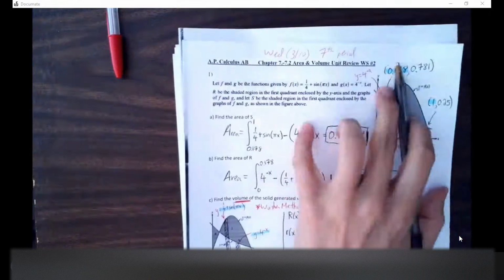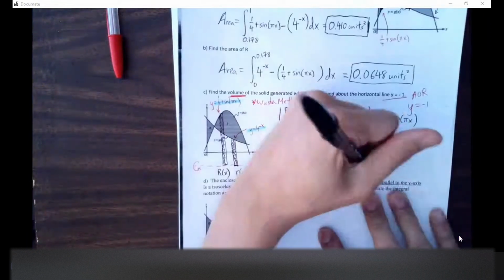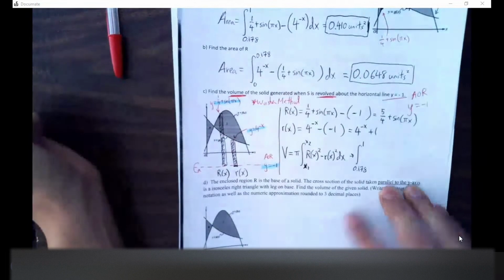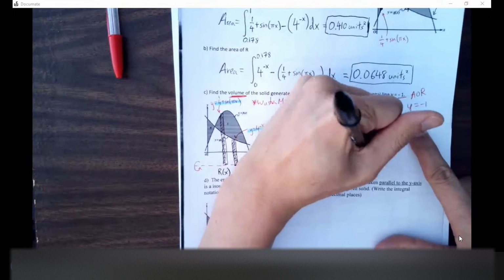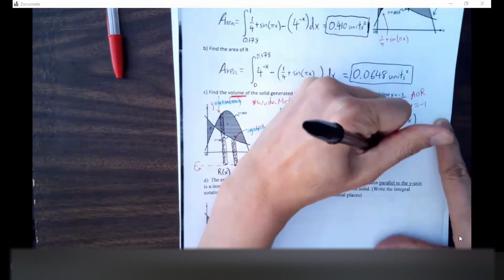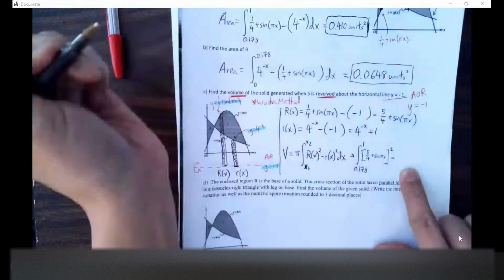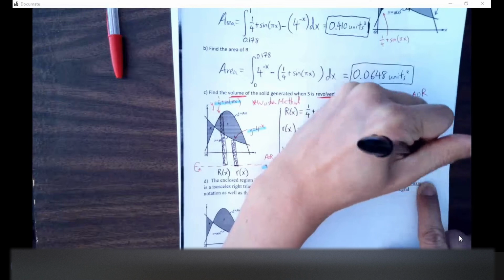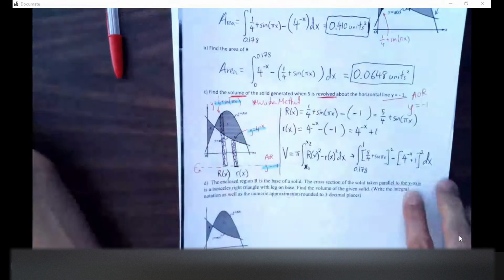Right, so we're going from 0.178 to 1. All right, big radius, quantity squared, minus little radius squared, dx.